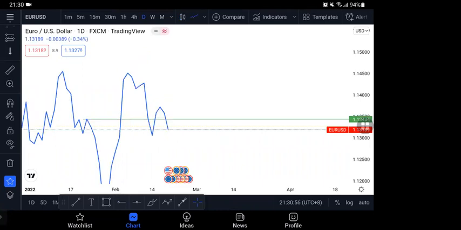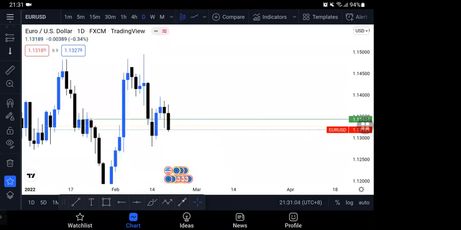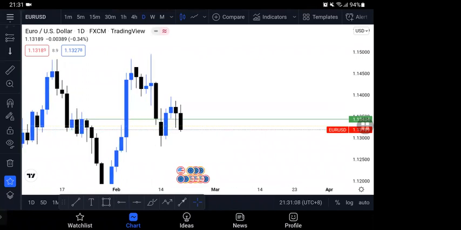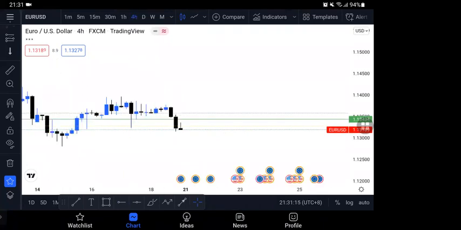So if you guys cannot recognize by its candlestick, just turn it into the line chart. Okay, so we have the daily breakout. So we're gonna drop down into the H4 for the bias.